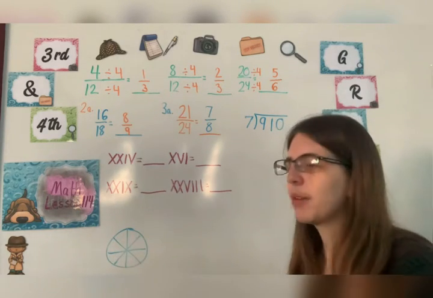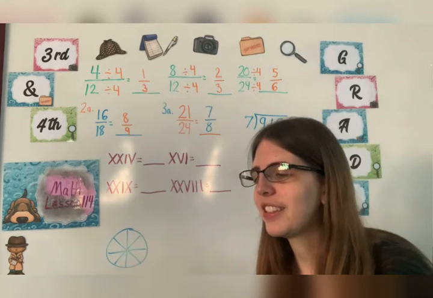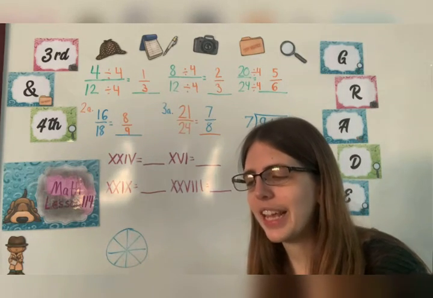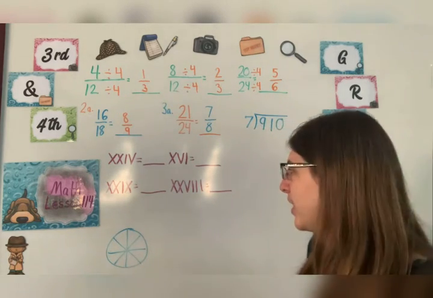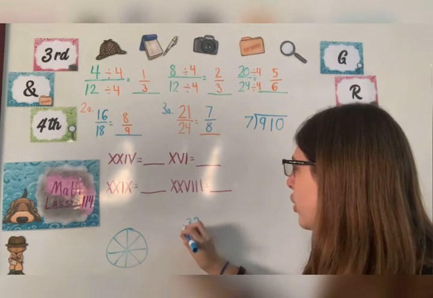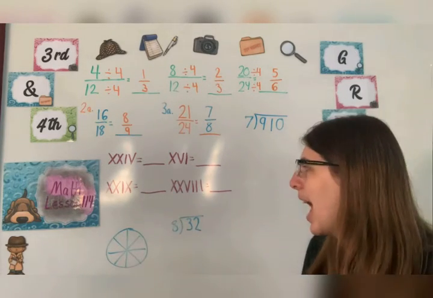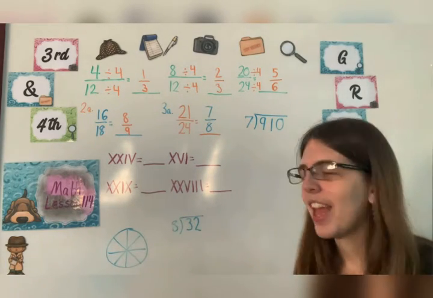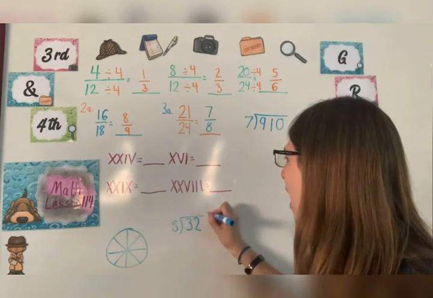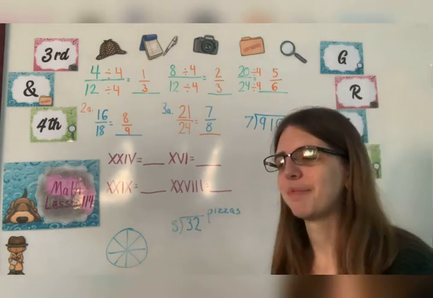So there's a pizza with 8 slices. I want to know how many of these she needs to have 32 slices. So I want to divide my 32 slices into groups of 8 to tell me how many groups I need. Then that will be your answer for how many pizzas you need.